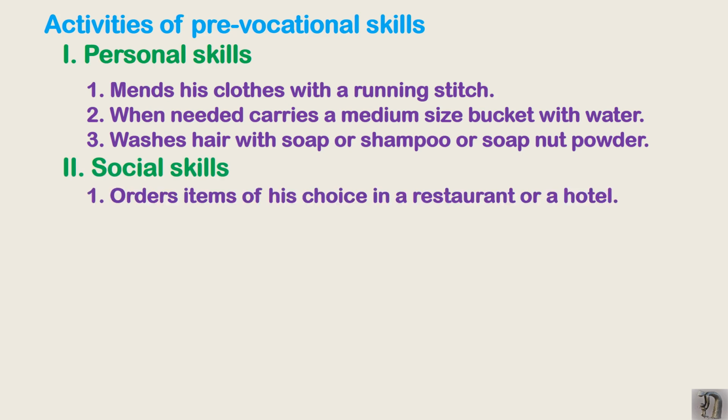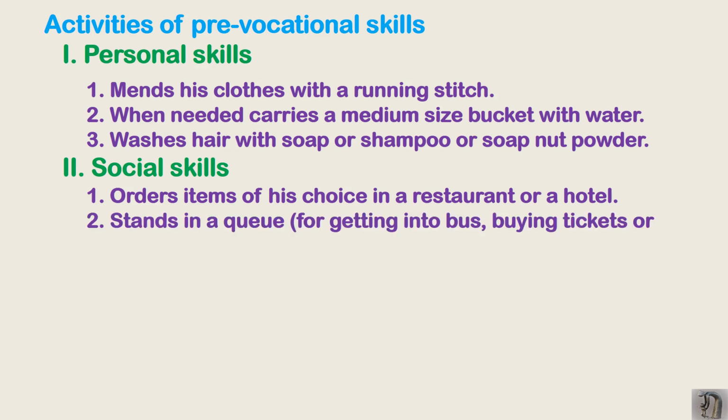Whereas in the social skills, order items of his choice in a restaurant or a hotel. Social skills require interaction between two persons. So you need to do such activity where the child can interact.